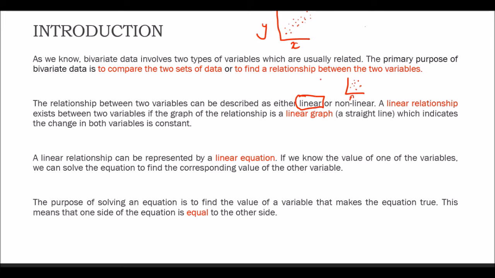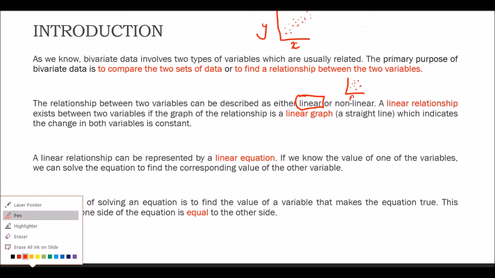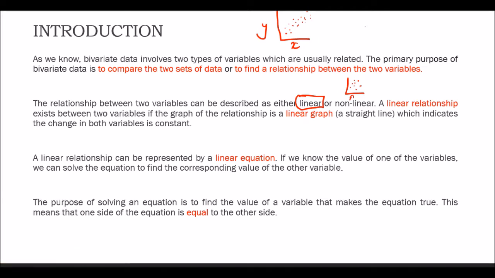We're focusing on linear. So a linear relationship exists between two variables in the graph if the relationship is linear, so a straight line. So if you can put a straight line, like a line of best fit, into the graph, then that indicates that there is some sort of relationship.